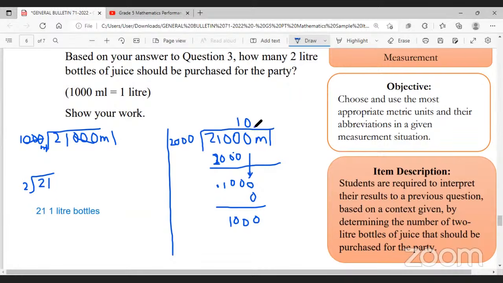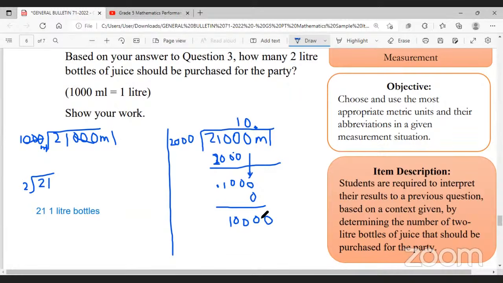So we're going to put a decimal place here, and then we're going to borrow a 0. We have to put a decimal place here to show that we're borrowing this 0, and it's actually less than 1.